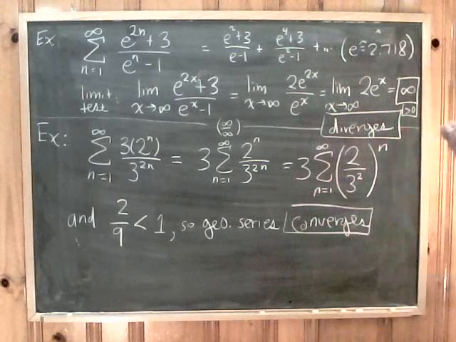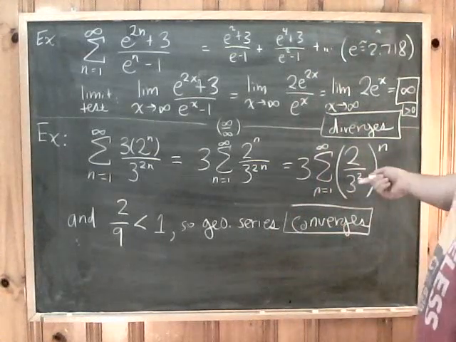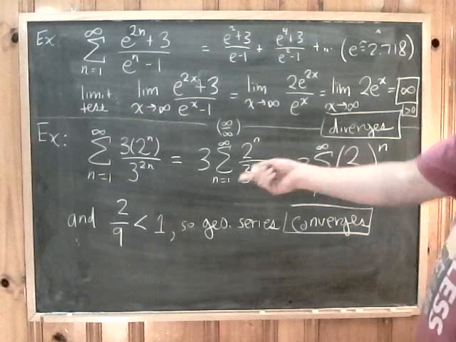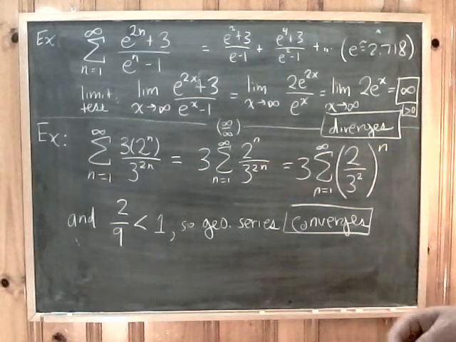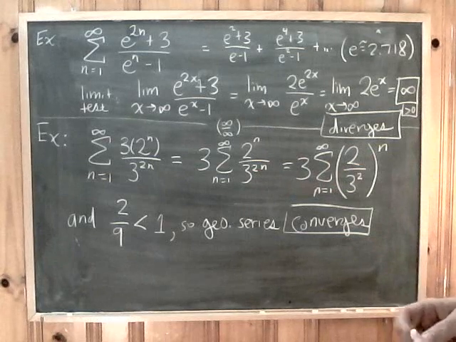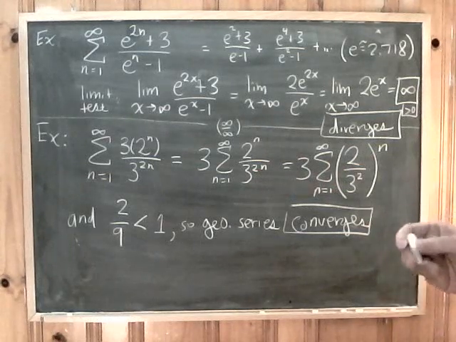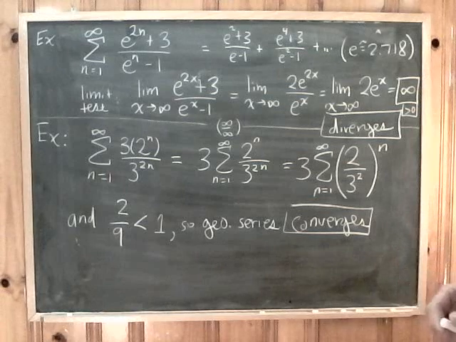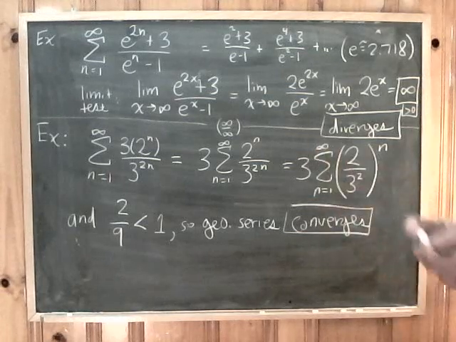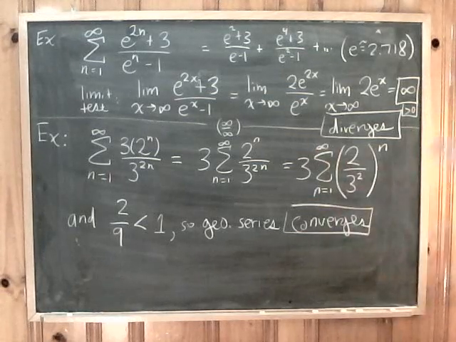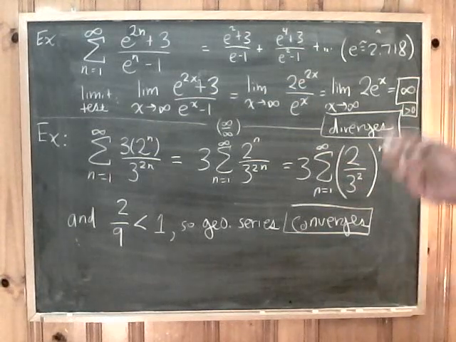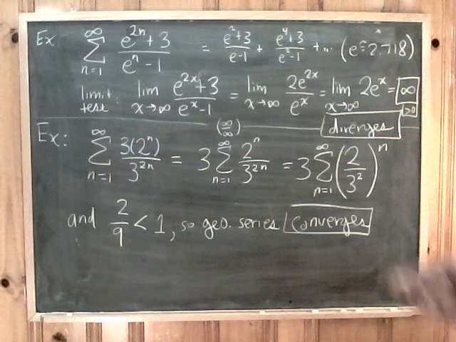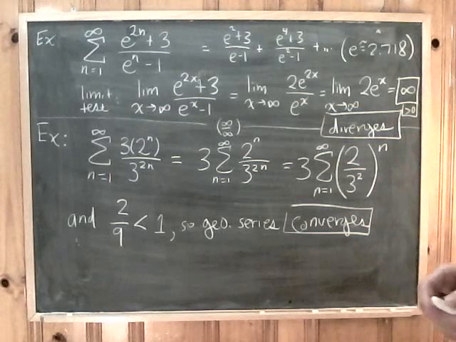Whenever you have a series which is a fraction, it has to be less than 1, and it's to a power, then it converges. It adds up to an actual finite number. And you can find out what that number is. You take the 2/9 and you put it into our formula: 2/9 divided by 1 minus 2/9. It's easiest to remember the formula for 1/2, where it's 1/2 divided by 1 minus 1/2.